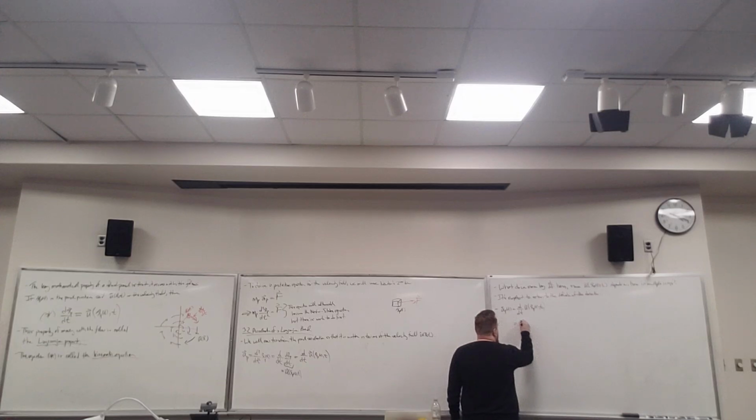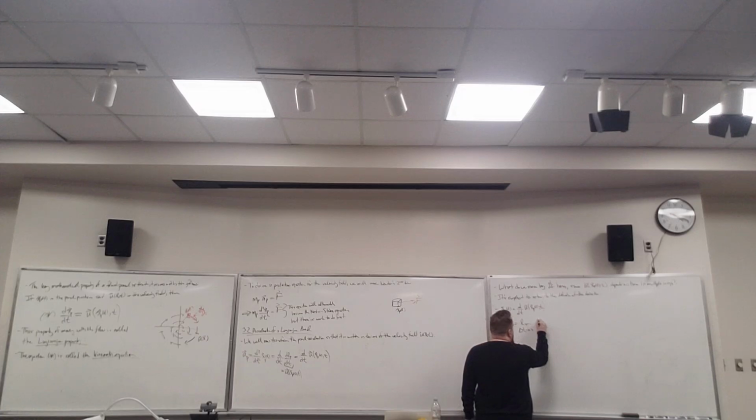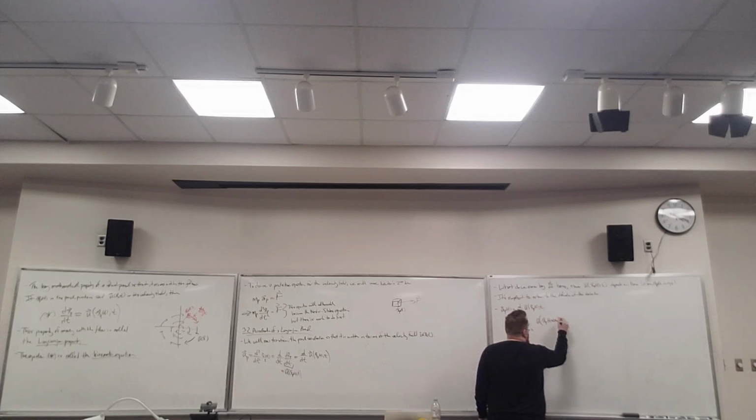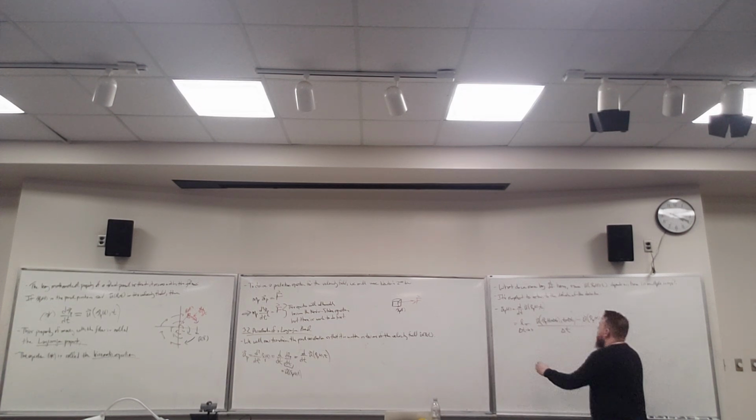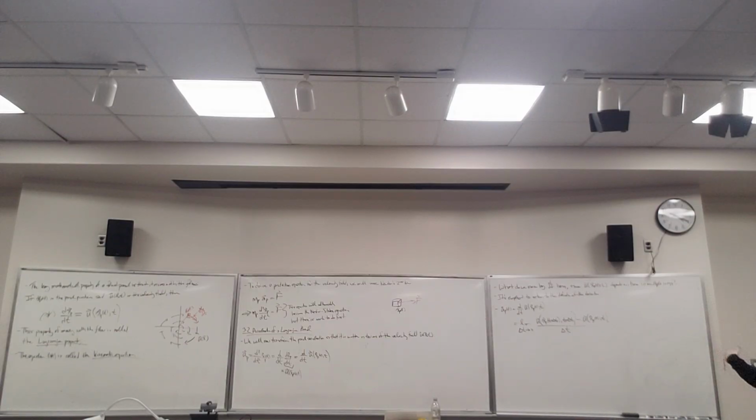This is equal to the limit, as delta t goes to 0, of u of x sub p of t plus delta t and t plus delta t, minus u of xp of t and t, divided by delta t. Again, this looks complicated. There's going to be a bunch of formulas in this derivation that look complex, but they will boil down to something quite simple in the end.